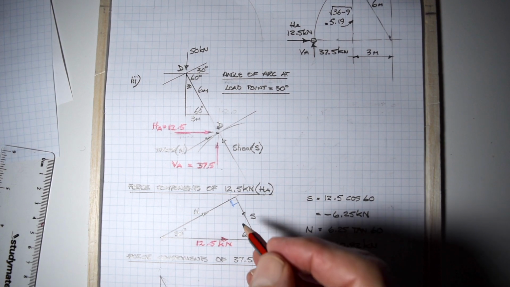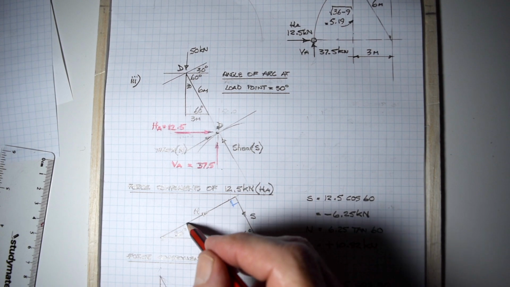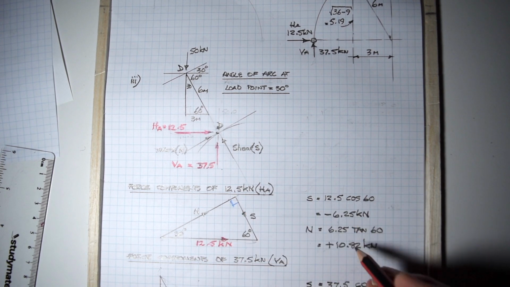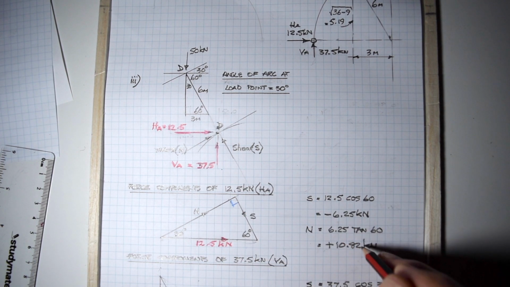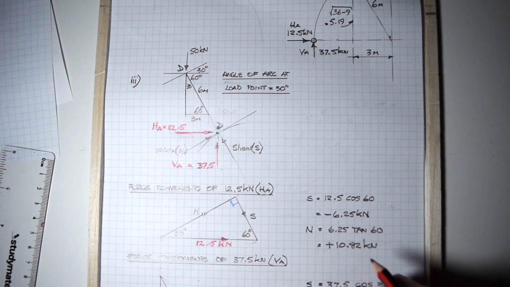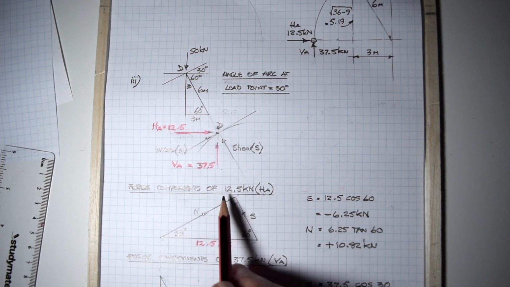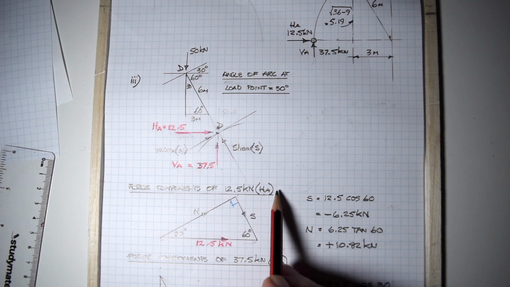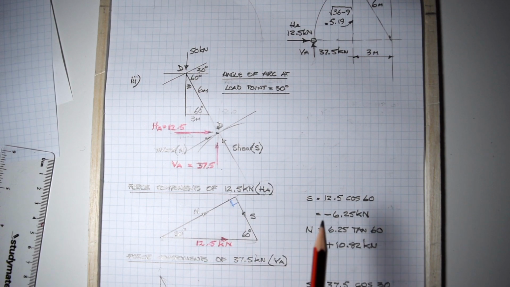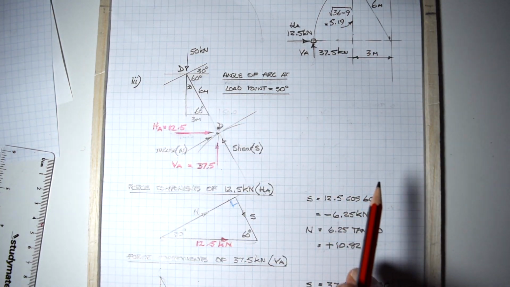Why minus 6.25? Because it is coming down this way. This force is going up. Your thrust, 10.82, positive. Shear is coming down, negative. So there are the two force components for HA, for the horizontal reaction at the bottom of the arch.